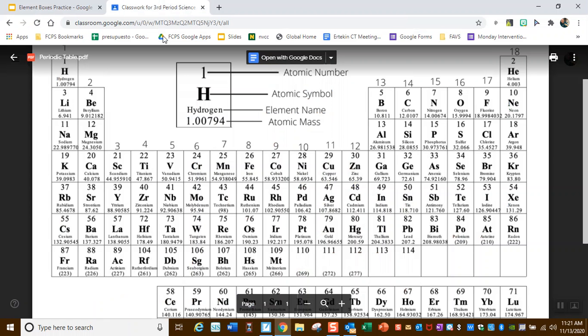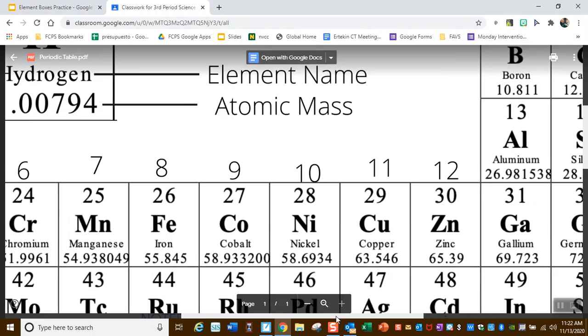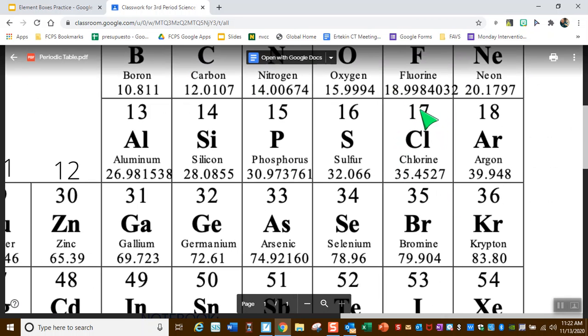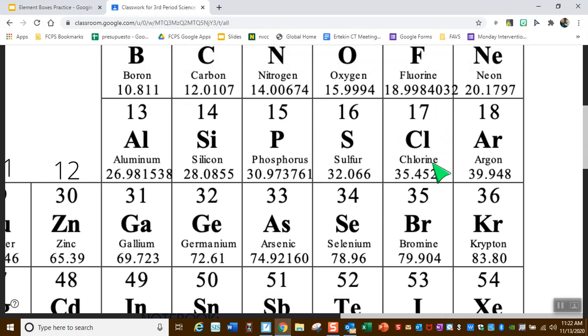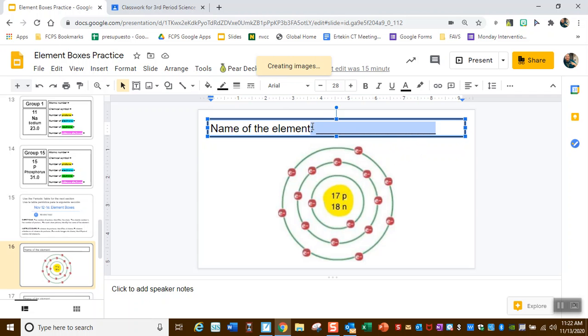So, go to the periodic table and try to find which one has an atomic number of 17. Tienes que encontrar el que tiene un número atómico de 17. So it goes in order. 1, 2, 3, 4, 5, 6, 7, 8, 9. It's right here. What is the name of number 17? Number 17 is called chlorine. So this is a chlorine atom. So delete this line and write chlorine.